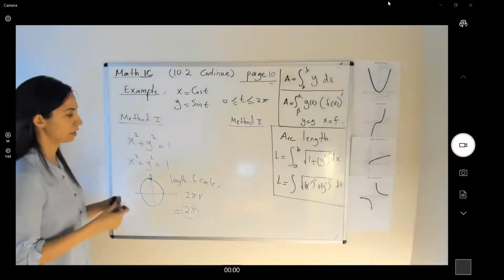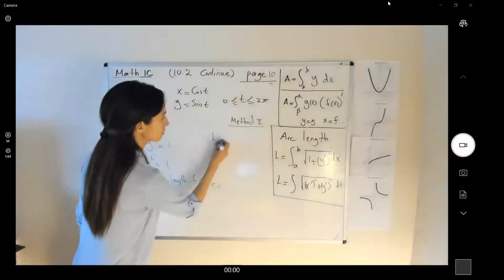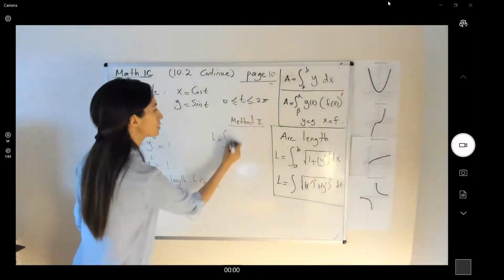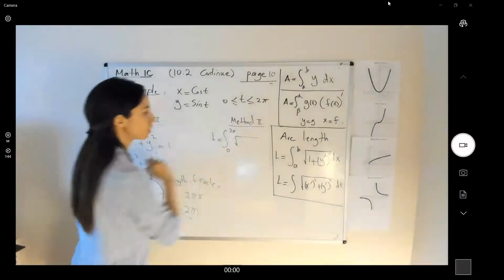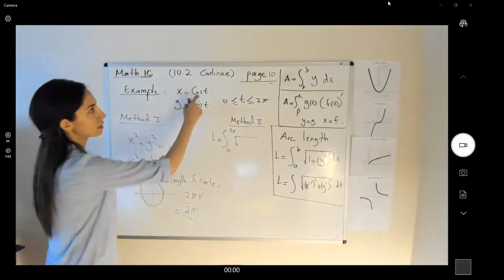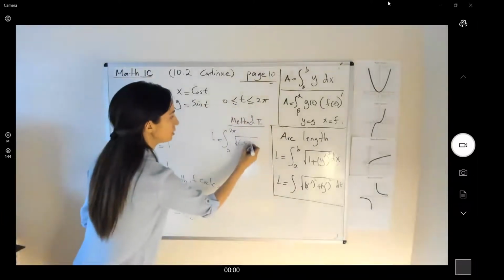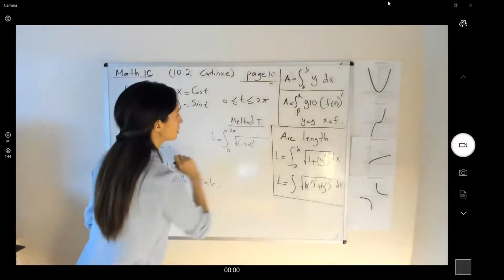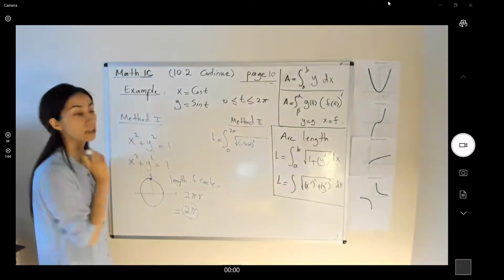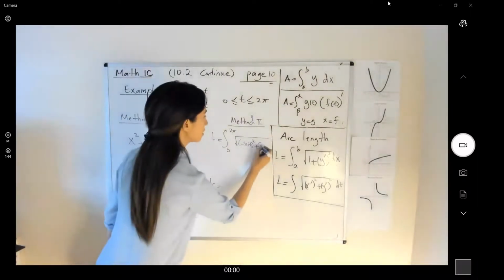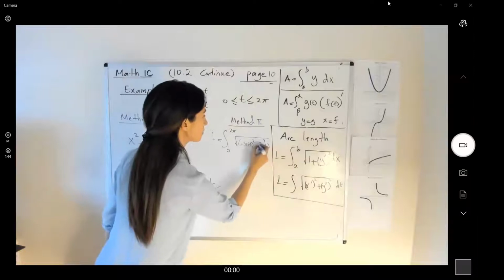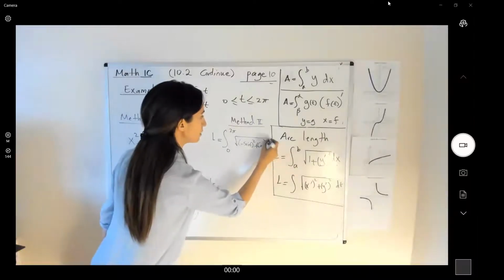L is equal to the integral, t ranges between 0 to 2 pi, square root of the derivative of x, which is negative sine, raised to the second power, plus the derivative of y, which is cosine, squared, and we have dt.